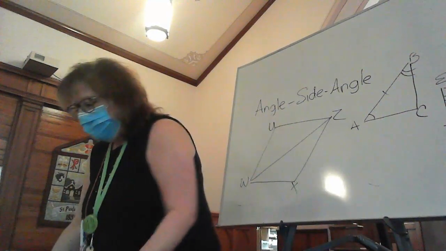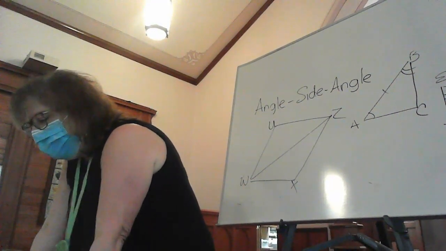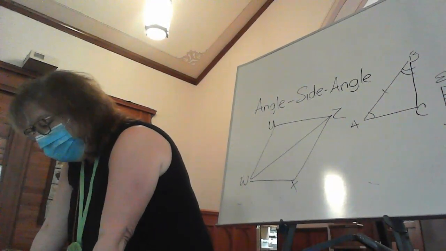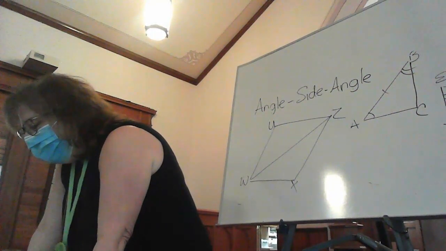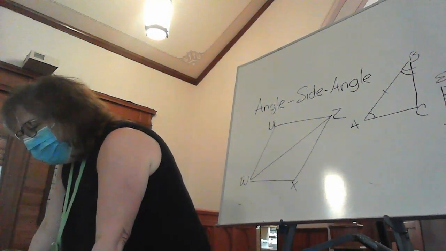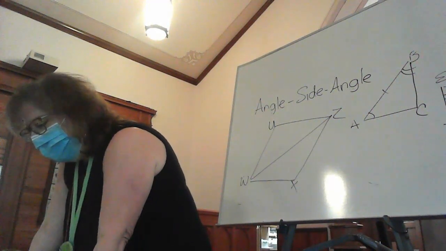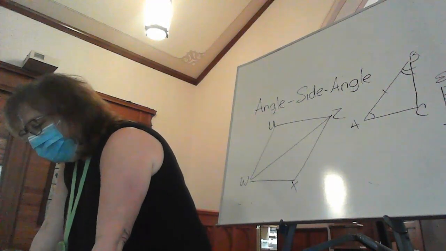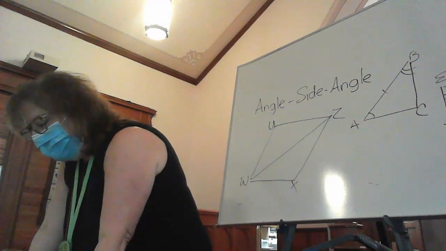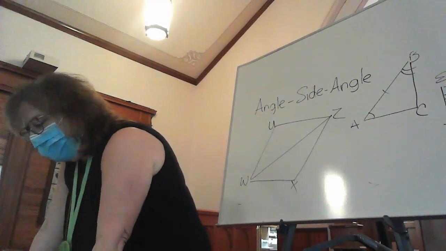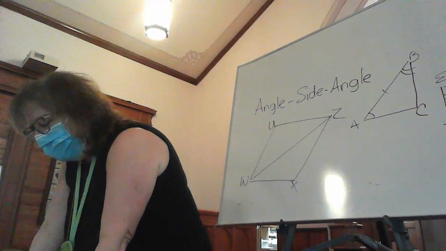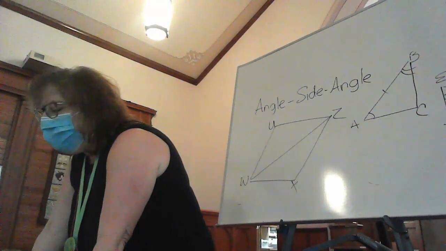All right. So they are probably giving us some information. Generally, that just means lines that are continuing. UZW is congruent to XWZ. And that's the alternate interior.